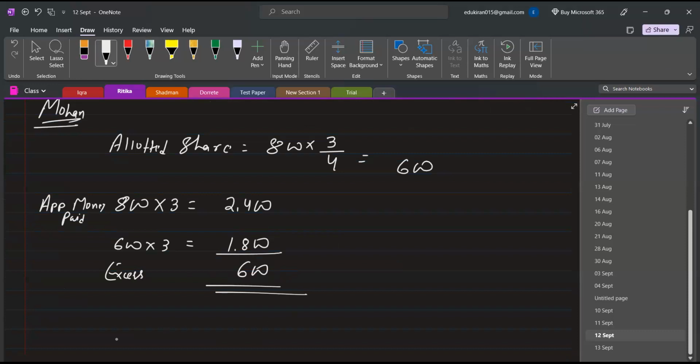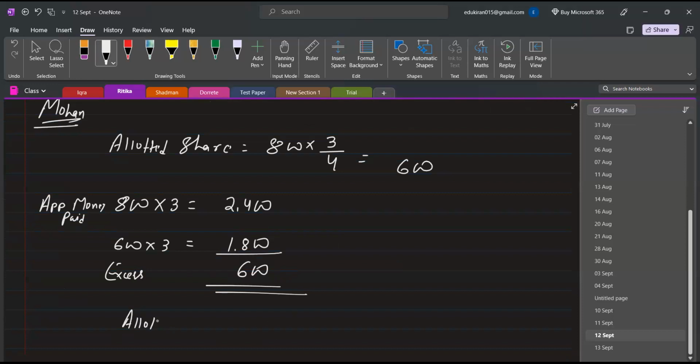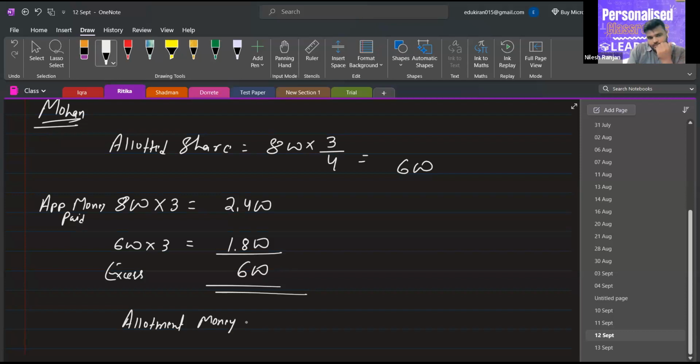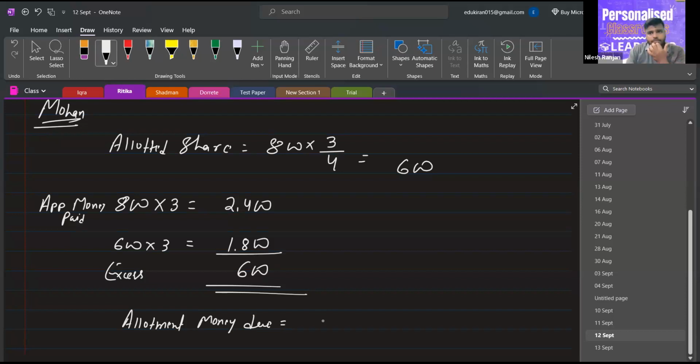And how much allotment money we need to demand from Mohan? So 600. Only 600? I'm asking for allotment money due. So 6,000. 600 into 5. Allotment money you can see in the question. Yes or no? Oh, yes, sir.